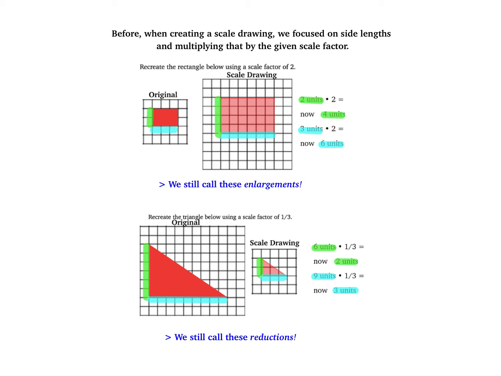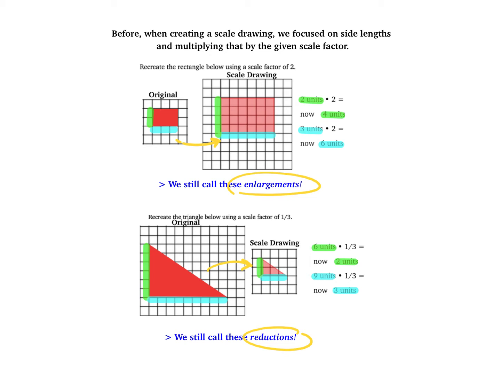Even in dilations, we still call when something is getting bigger, like this, an enlargement. And similarly, if something is getting smaller, we still call that a reduction, even in dilations and not just scale drawings. So same math was true when we had a smaller scale factor. We still took the original side length here and multiplied it by that scale factor to get the new units.